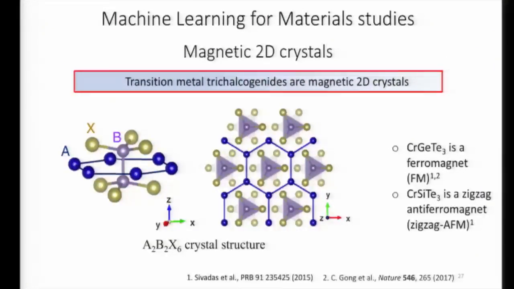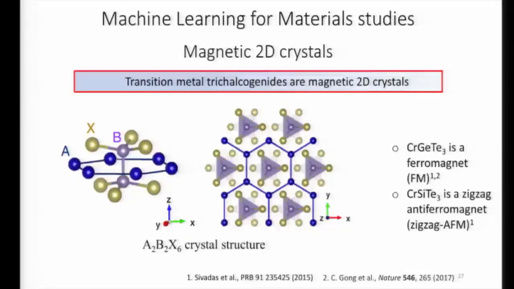This is of the class of the transition metal trichalcogenides, or the ABX3 crystal structures, where the lattice is shown here on the left. And from a top-down view, you can see it right here. An example I've talked about before is chromium germanium telluride, which is expected to be a ferromagnet down to the monolayer.